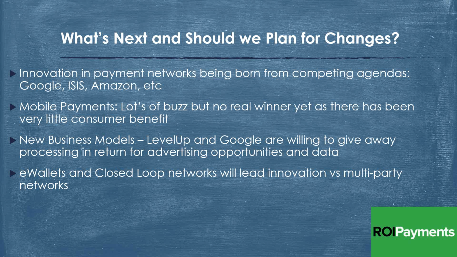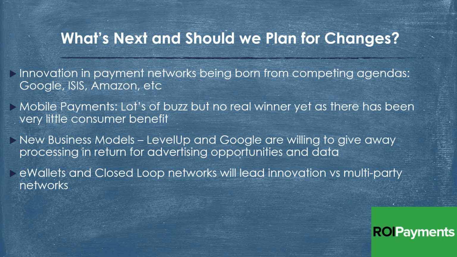Specifically, if you look at ISIS for mobile payments, I don't know if anybody on this seminar has heard of ISIS, but ISIS is a conglomeration of the telco carriers and mobile phone carriers with the credit card networks, basically in an effort to increase their lost revenue from various sources. The important thing to note here is the agendas for each of the up-and-comers in the marketplace are going to be different, and these competing agendas are making the payments ecosystem much more interesting.